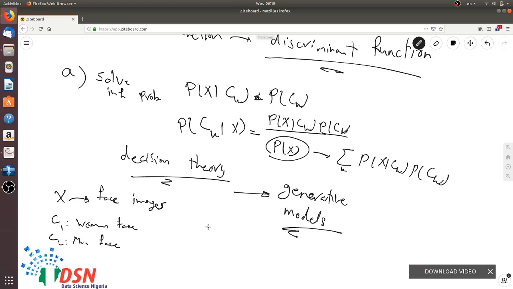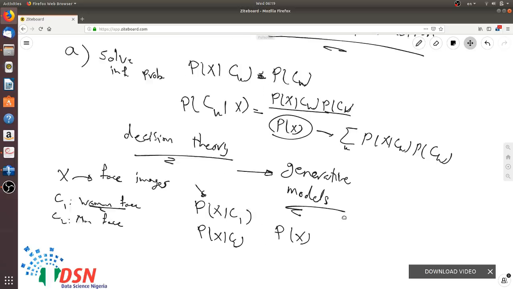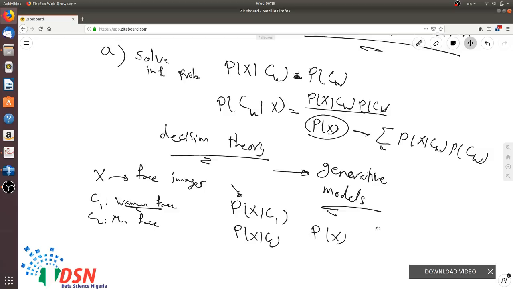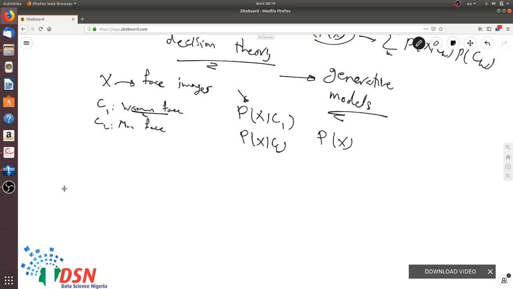If we obtain the conditional probability of x given C1, by sampling from this, we could generate woman faces. Or by sampling from the other distribution, we could generate man faces. Or in general, we could generate faces. So we call this approach generative models.